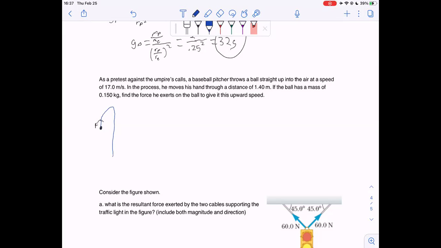So whenever he moves his hand, 1.4 meters, and we know we have a mass. So now that we got it drawn out, write it out. V naught is equal to 17 meters per second. Delta x is going to be equal to 1.4, and our mass.